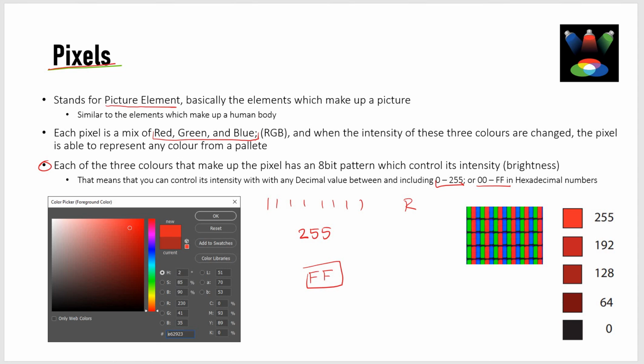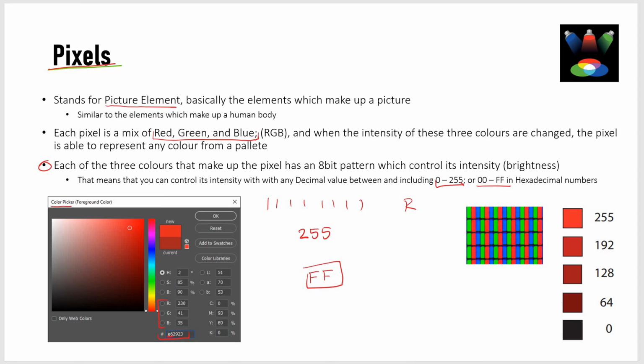If you look on the left-hand side here, we have a color picker from Photoshop, but any photo or image editing software such as GIMP, for example, or Paint.net will have a similar color picker, with a color palette in it. You can choose any color you wish from this, and it will show you what the RGB values for that color are, and it will also show you the hexadecimal value for that color.